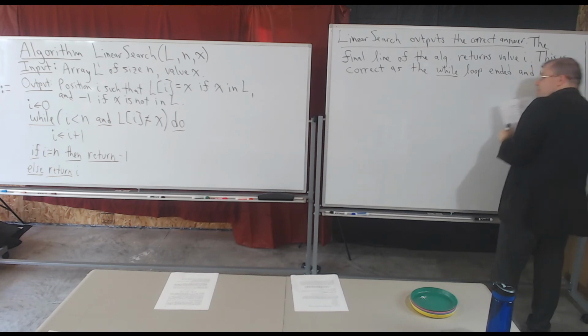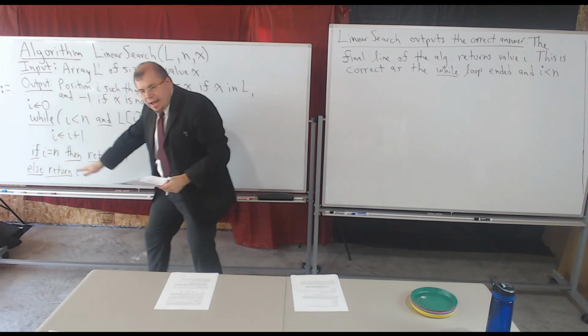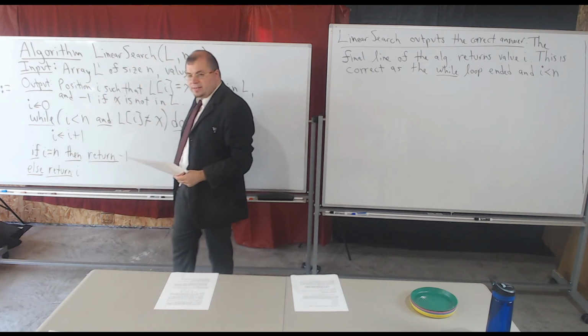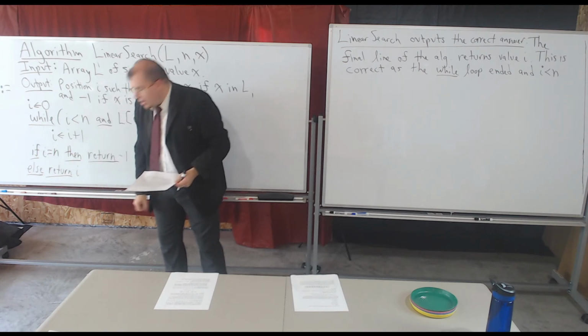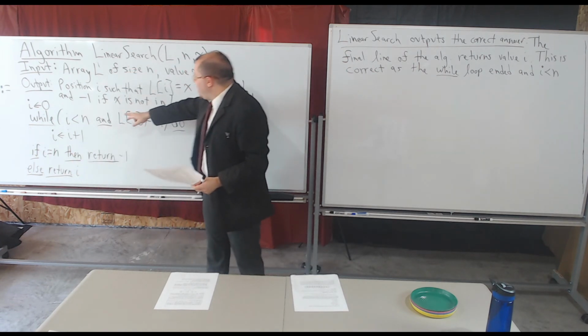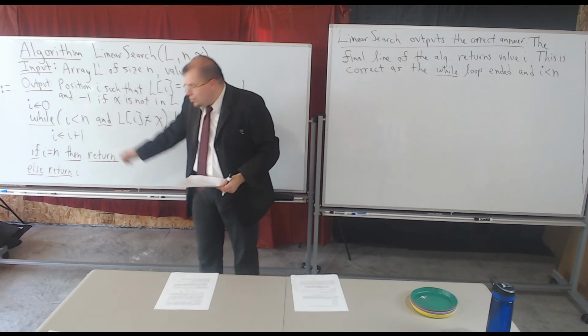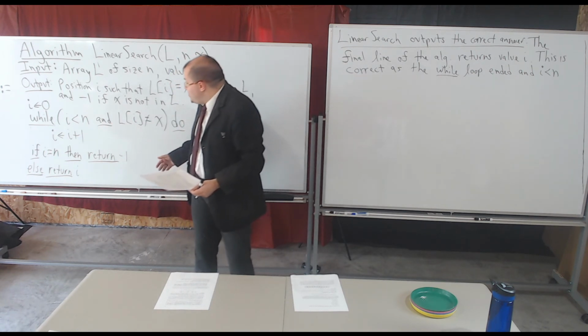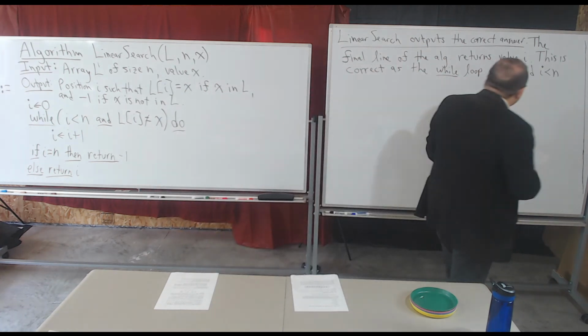The big thing I want you to observe here is that we have an if and an else here. So the while loop terminates, and then you have two choices. Either i is equal to n, or it's otherwise. Well, you know that i is in fact going to only be less than n otherwise if it's not equal to n, right? Well, what does that mean? That means it's some number between 0 and n minus 1 inclusively.